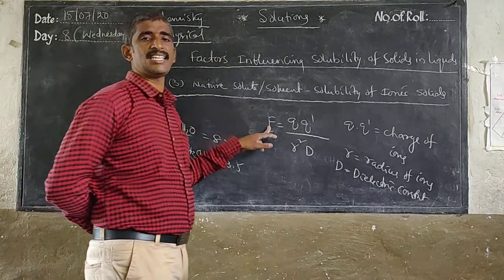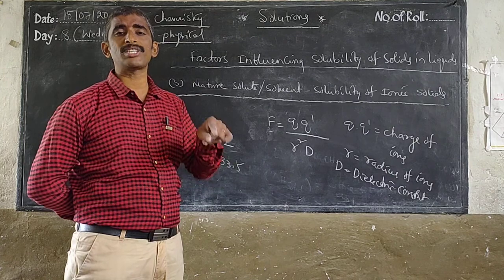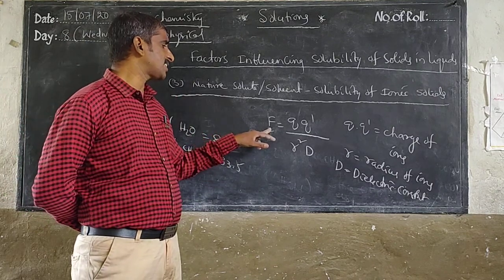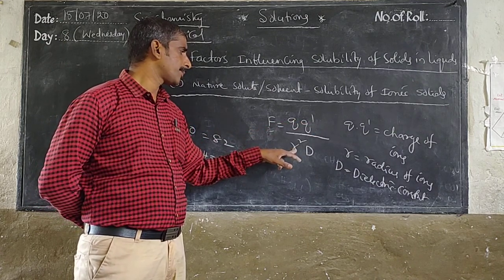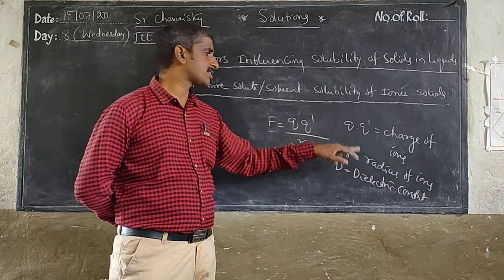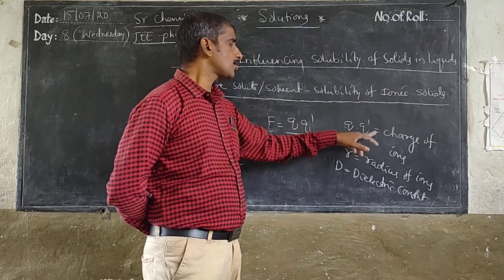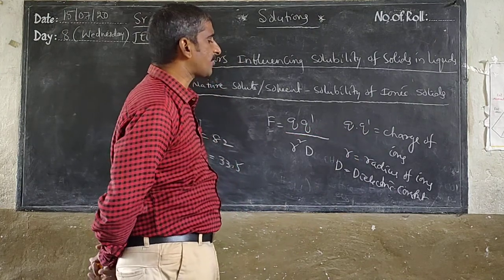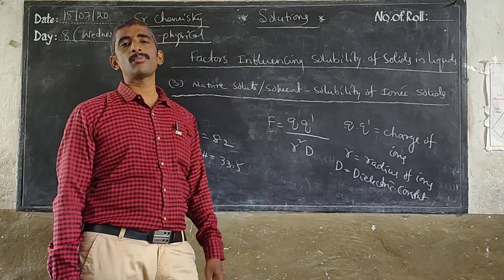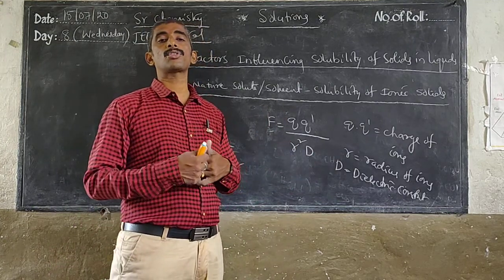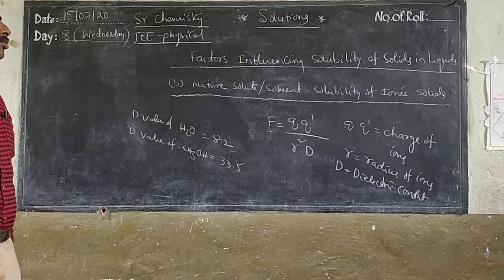Lattice energy depends on the electrostatic force of attraction of oppositely charged ions, represented by F equal to Q Q bar by R square D. Q means charge of ions, cation and anion. R means radius of ion, nothing but distance. D means dielectric constant. Solvents having more dielectric constant dissolve ionic compounds.